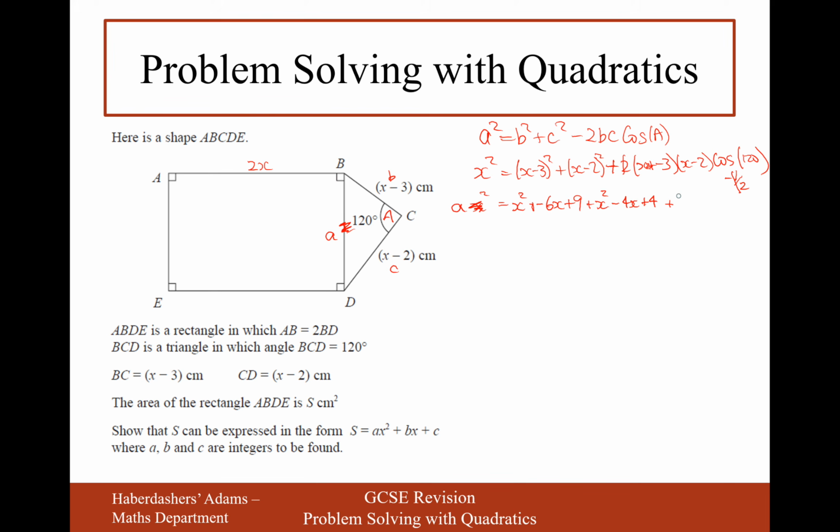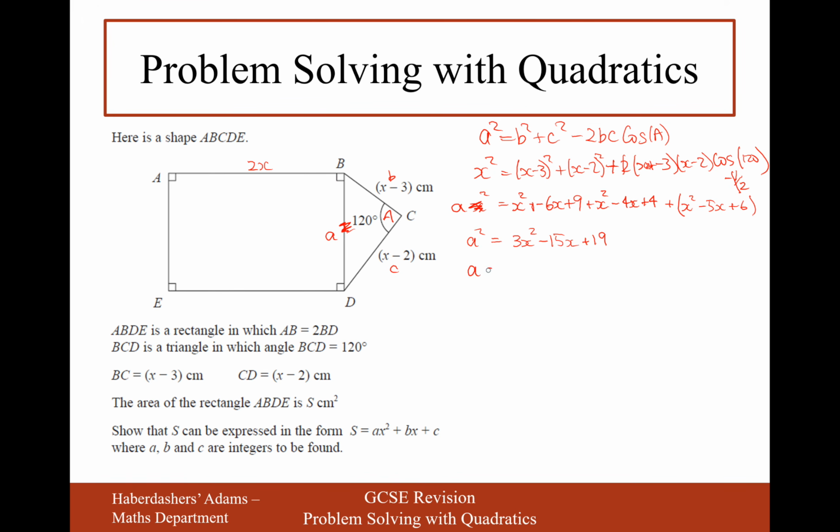So it's going to be plus (x minus 2) times (x minus 3), so it's going to be x squared minus 5x plus 6. So a squared is going to equal 3x squared, minus 6x minus 4x is minus 10x, minus 5x is minus 15x. And then 9 plus 4 plus 6, that's 19.